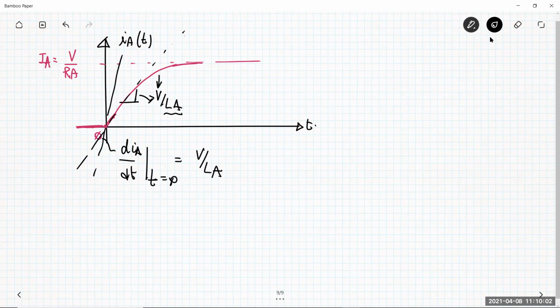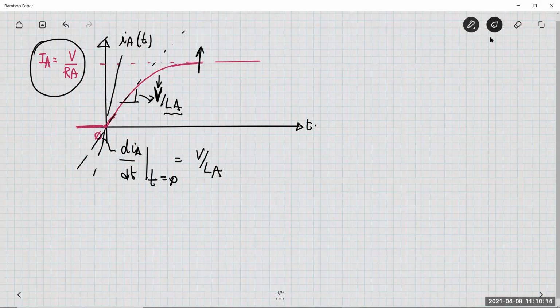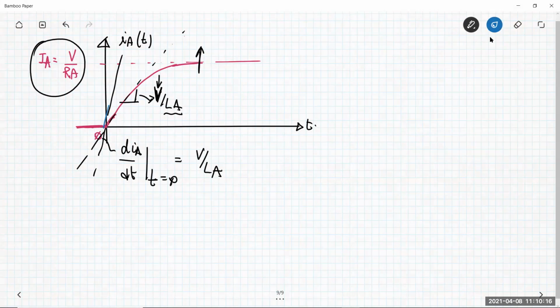But if you increase the voltage V supplying your phase, the current also increases. So you have a faster transition, but also higher current. This is for V prime higher than V.